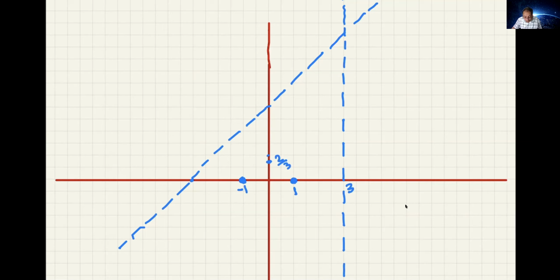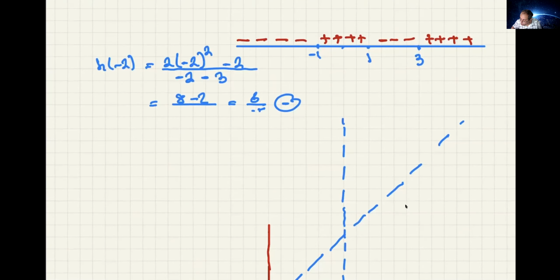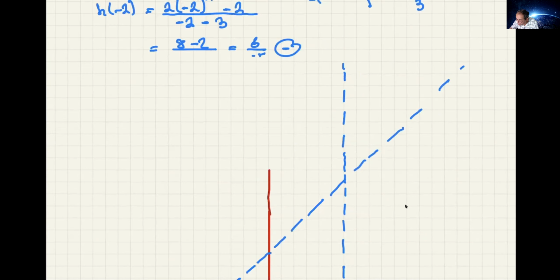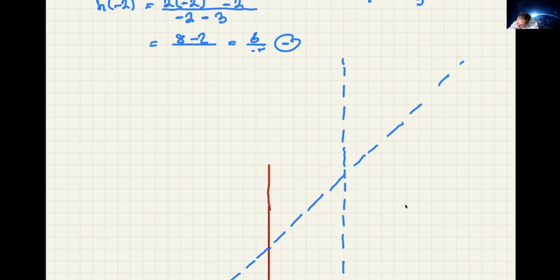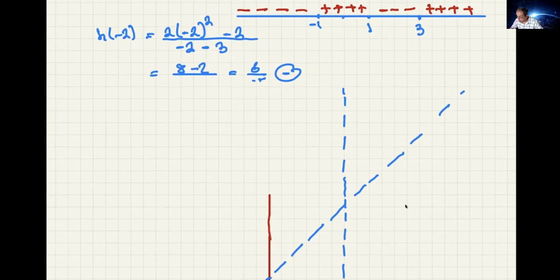Okay, so the first thing is to test the positive and the negative. So for this part here, the part greater than 3 is positive. So here positive and does not touch the slant asymptote. So in this way, I'm going to graph the function between 3 and the slant asymptote here.